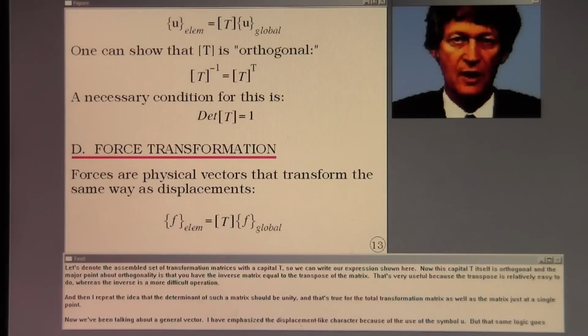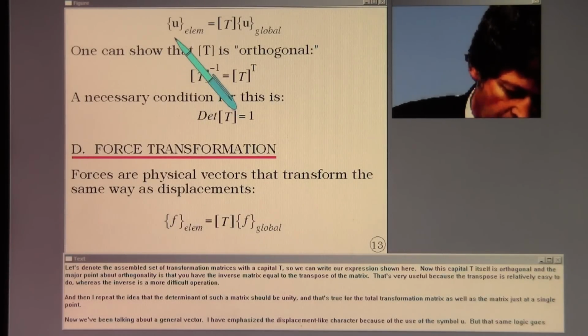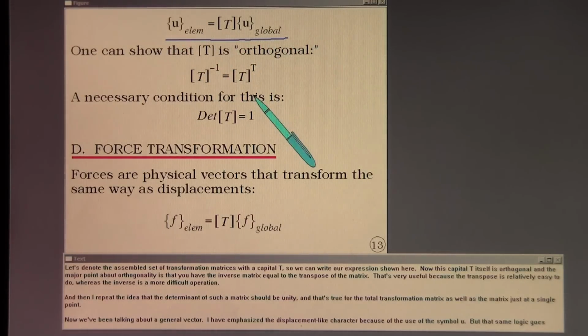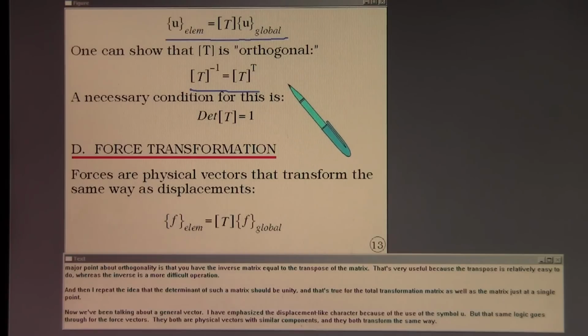Let's denote the assembled set of transformation matrices with a capital T, so we can write our expression shown here. Now this capital T itself is orthogonal, and the major point about orthogonality is that you have the inverse matrix equal to the transpose of the matrix.